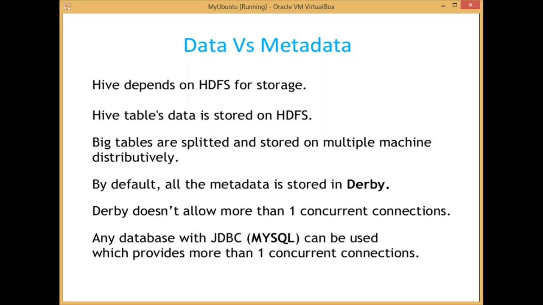But RDBMS will be used only for holding your metadata, only for providing you the multiple concurrent connection. Otherwise, as far as your data is concerned, that will still be split and stored distributively on multiple machines on the Hadoop cluster. So this is where exactly the data and metadata of Hive tables are stored.